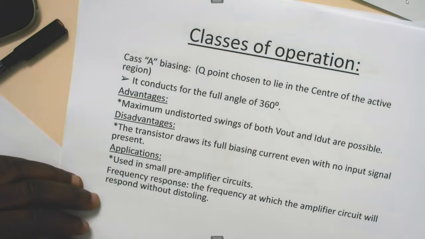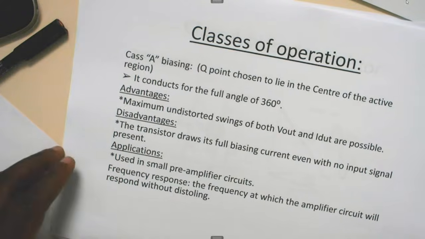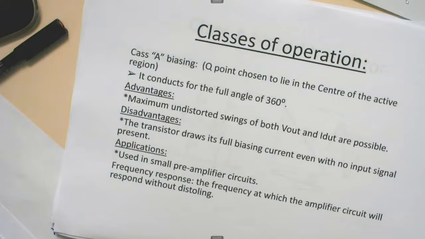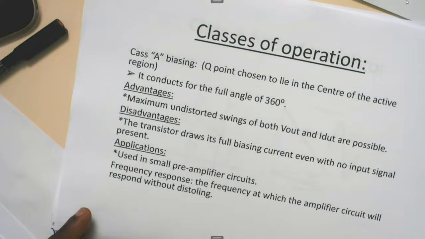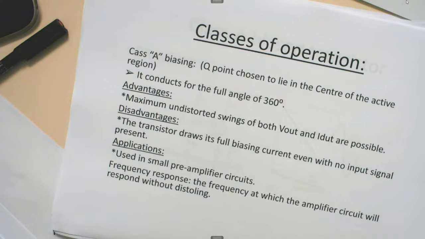Class A biasing: the quiescent point is chosen to lie in the center of the active region. Normally, as we will remember, our transistor has three regions as an amplifier. You've got the saturation region, you've got the active region, and you also have the cutoff region at the bottom.